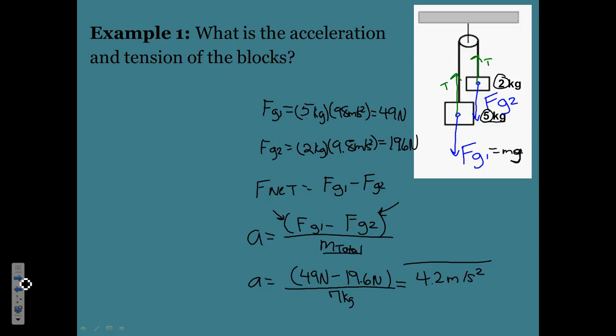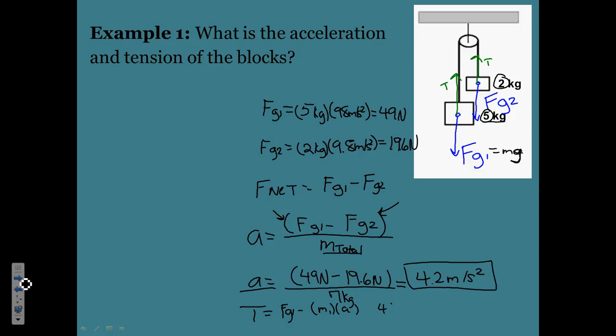But I'm not done. That's one part. The question asked me to find the acceleration, which I did, and the tension. Remember, tension is Fg1 minus mass 1 times the acceleration that I just calculated.